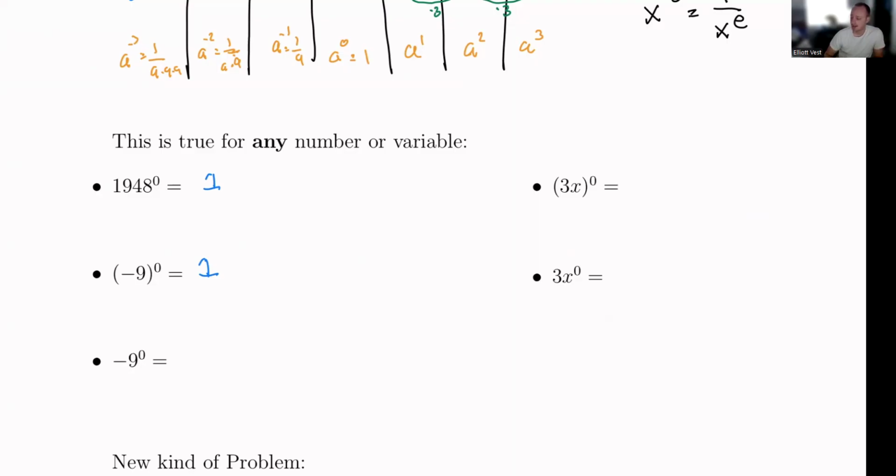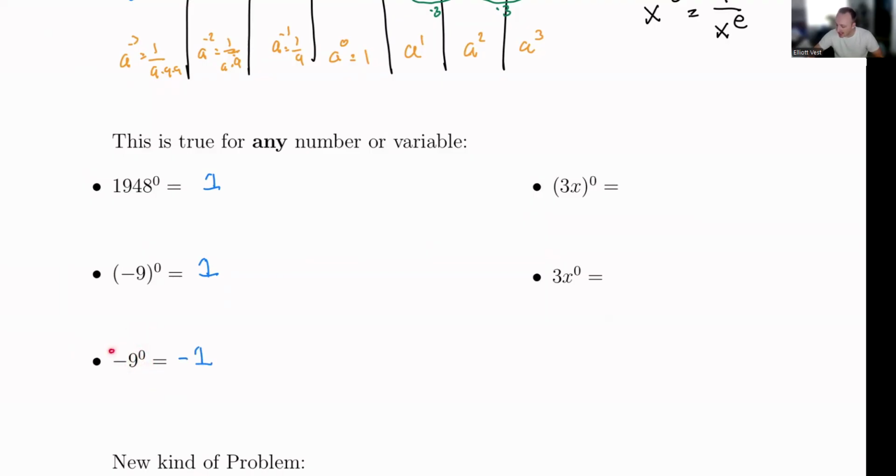Not the case here. Here, it's like saying their base is negative 9, and any base to a 0 power is 1. Here, it's saying negative 9 to the 0 power. It's almost like this is on its own thing. If we treated this as its own thing first, 9 to the 0 power is 1, and then I have a negative 1.